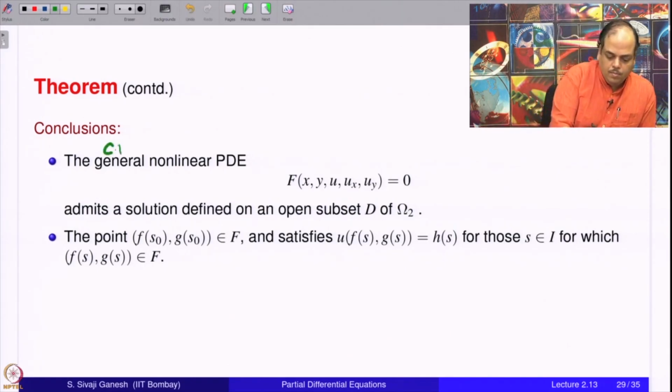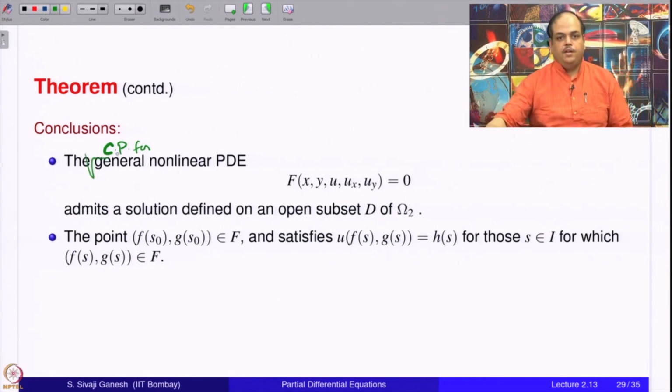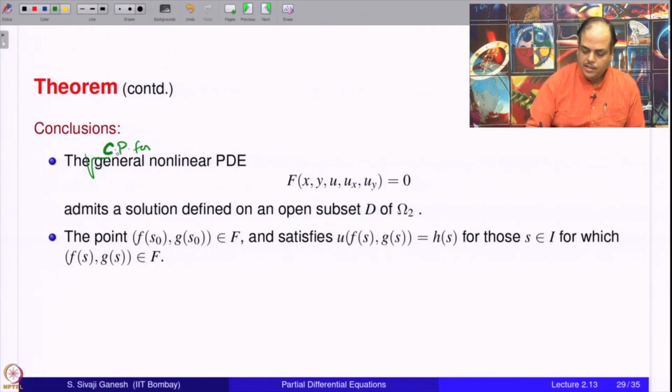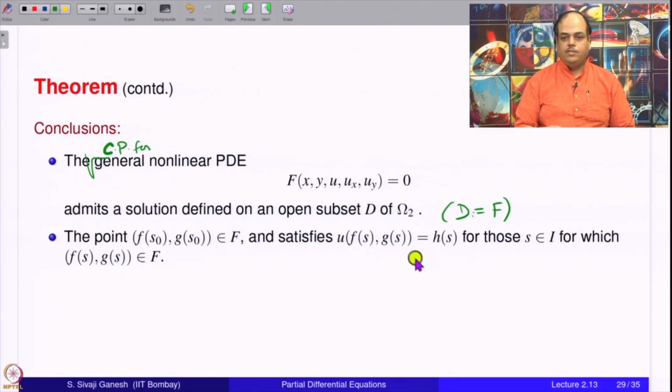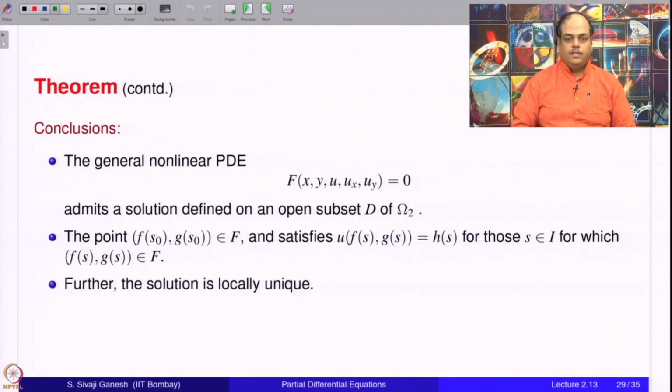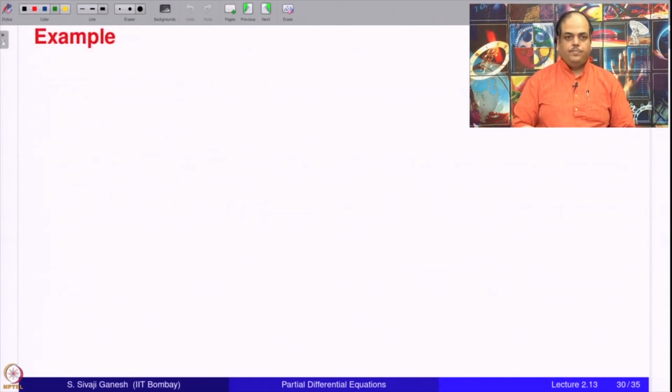The Cauchy problem for the general nonlinear PDE admits a solution defined on an open set of omega 2, which is F actually. It is not D, it is actually F. We have found D is equal to F. In the proof we have D is equal to F. And the point (f(s0), g(s0)) is in F and satisfies u(f(s), g(s)) equal to h(s) for those s for which this is in F. Further, the solution is locally unique.